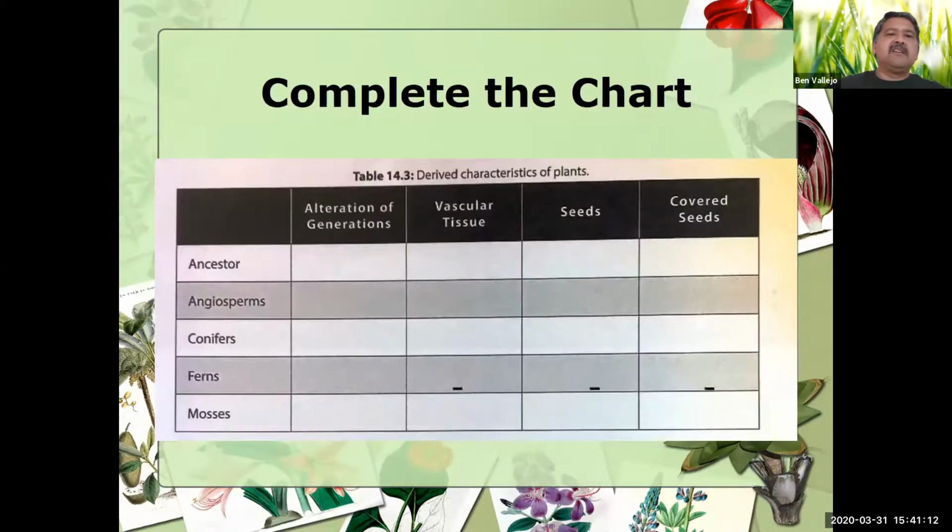So when we take a look at our chart, then we know that the ancestral algae have no alternation of generation. As far as vascular tissue, we've already completed that. Alternation of generation is seen in all plants, okay, except not in the ancestral algae.